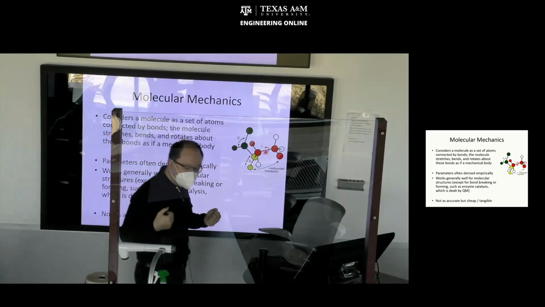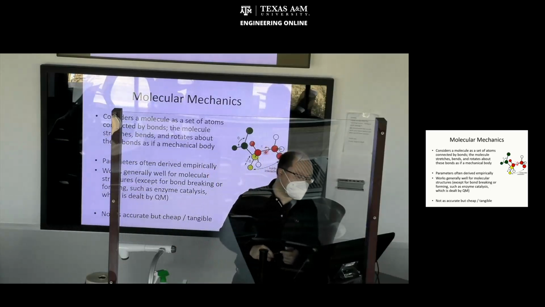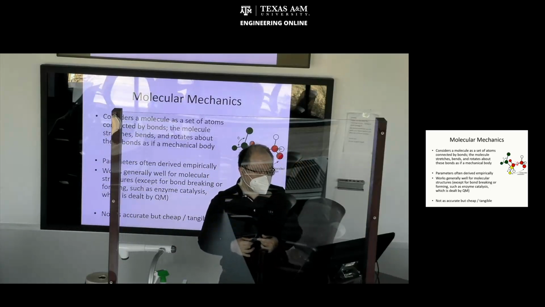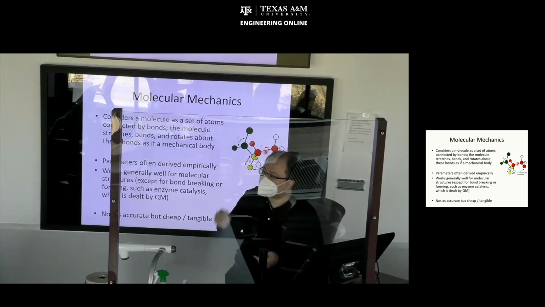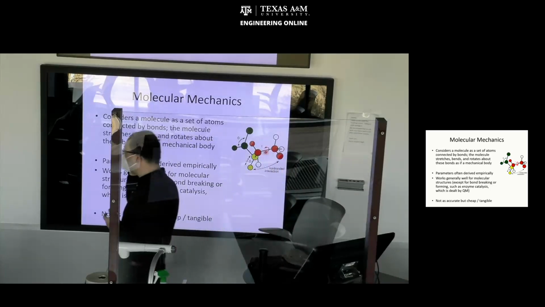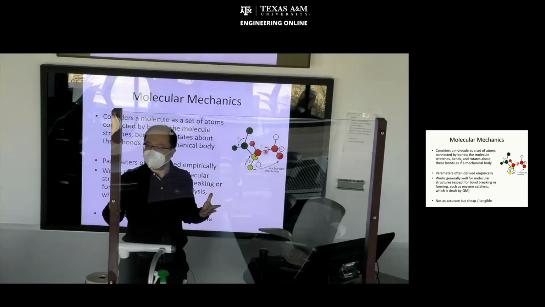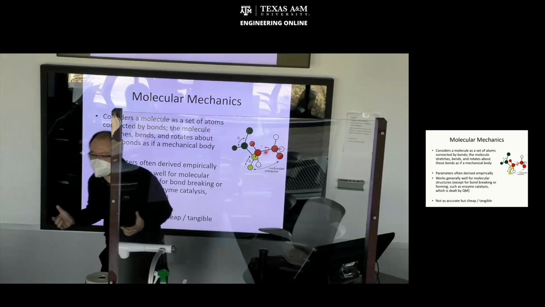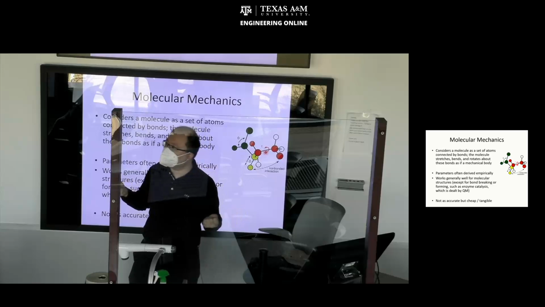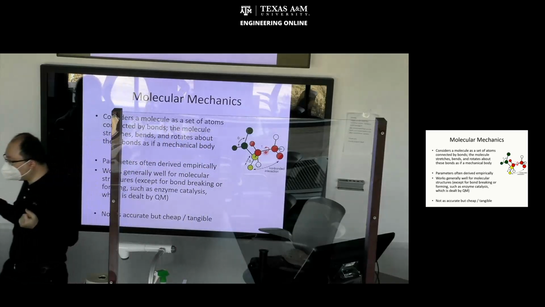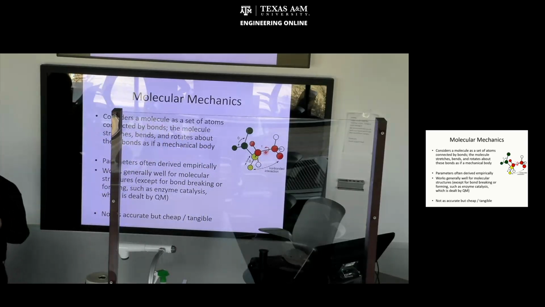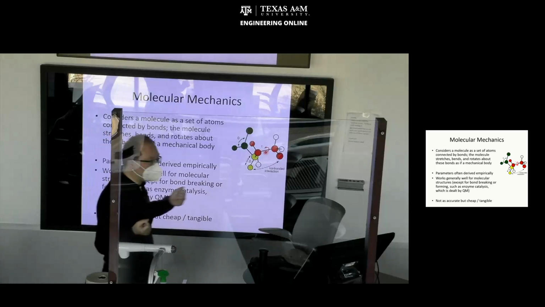So those parameters are often derived empirically. In other words, in the early days, what was this like? It's also data science, just not that data driven. It started with a principle: we want to treat these force fields as if they are molecular mechanics.